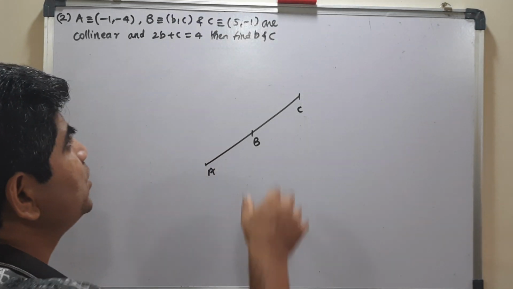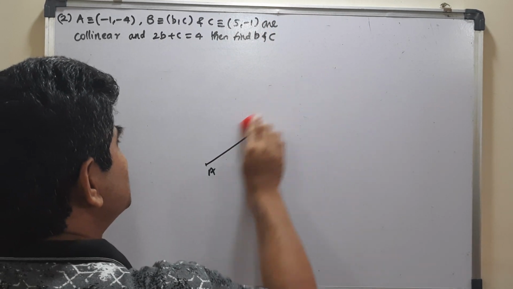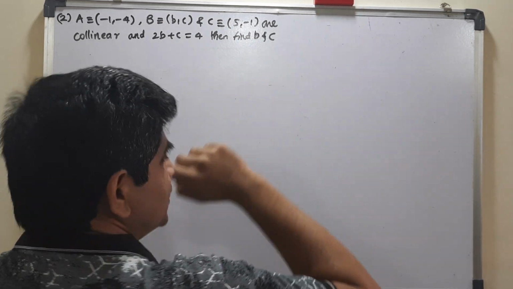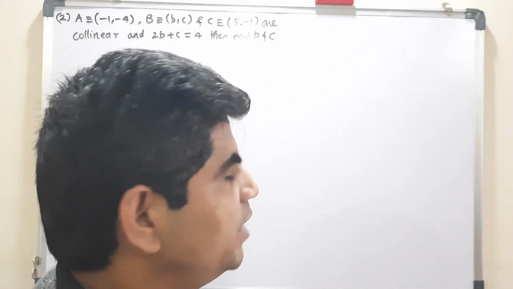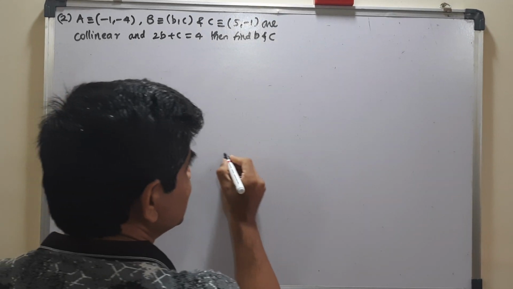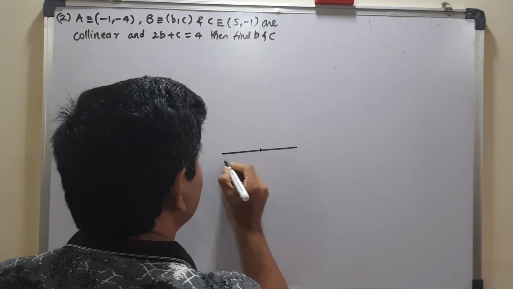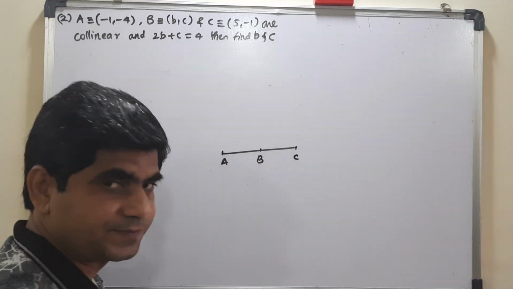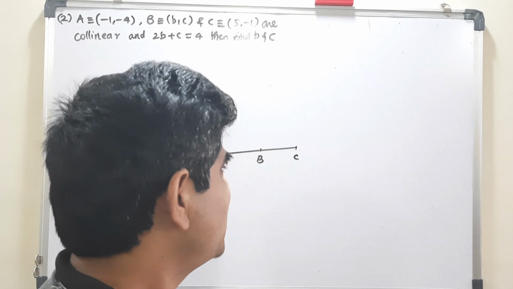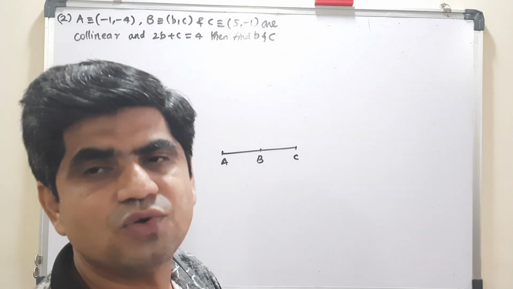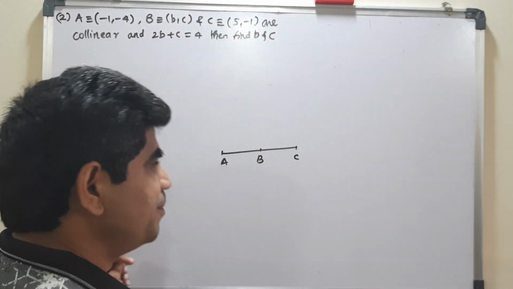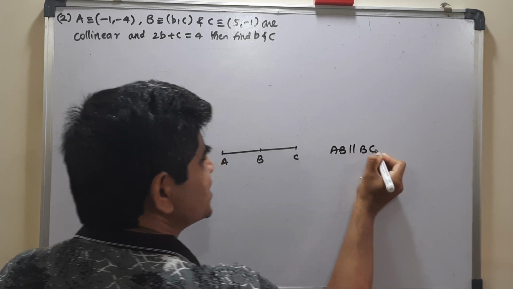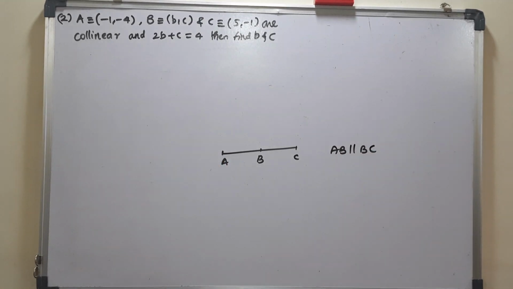So what I mean to say is, I will be using the concept of slope only. How? See, if I get the slope of AB equal to the slope of BC, it means that AB is parallel to BC, right? I will repeat myself.